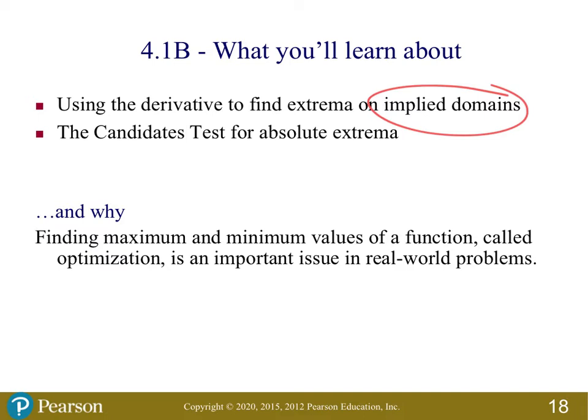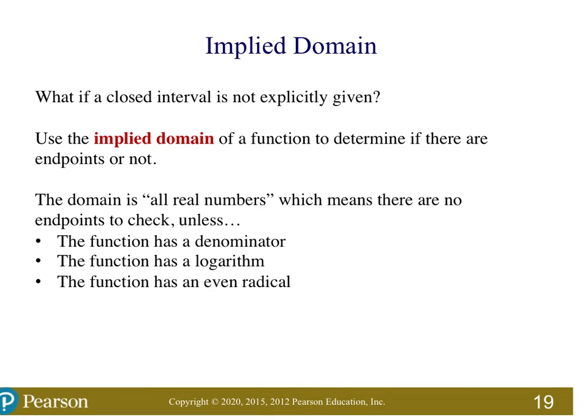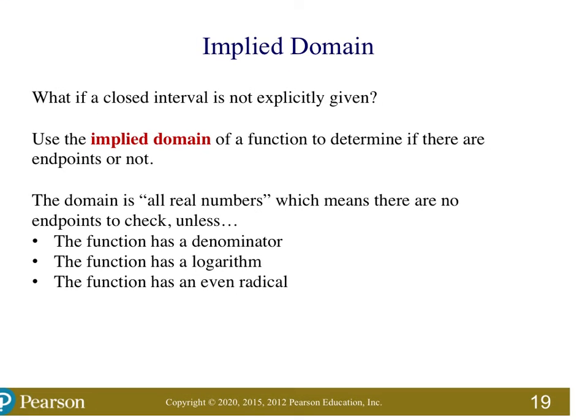So let's take a look at reviewing domain and what it means to have an implied domain. This deals with the question, what if an enclosed interval is not explicitly given? In other words, an A, comma, B interval, what if we don't have that? It's not specified in the problem. Well, then we've got to go to what's called an implied domain. And so this goes back to things like all real numbers and what the domain is for a problem.